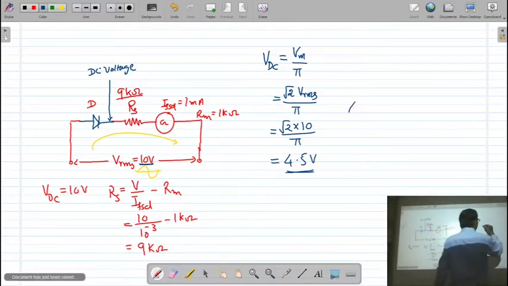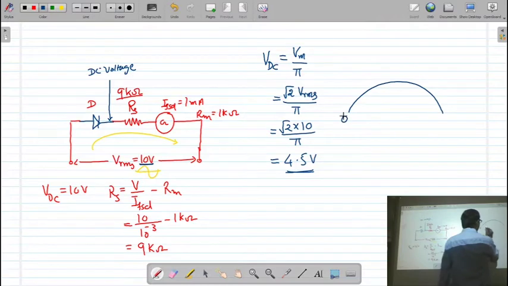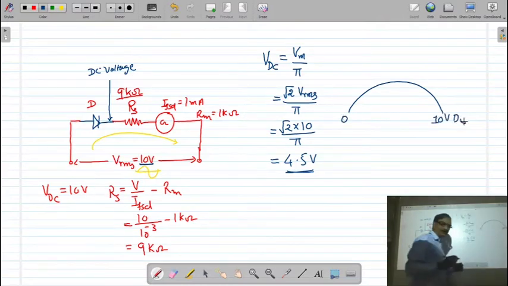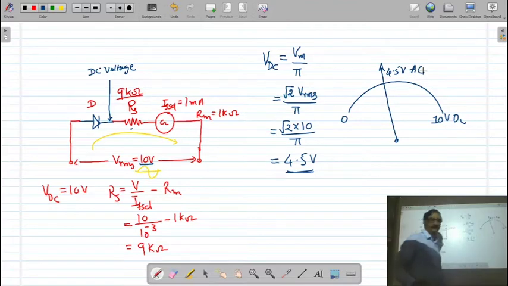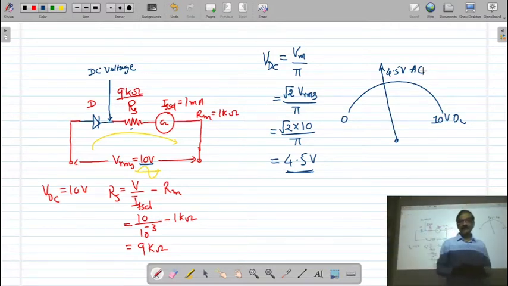So if we have a voltmeter of 0 to 10 volt DC, now for the same meter with the same value of resistance, this pointer will indicate 4.5 volt of AC. Means when you are inserting a diode, the sensitivity of the meter is decreasing.